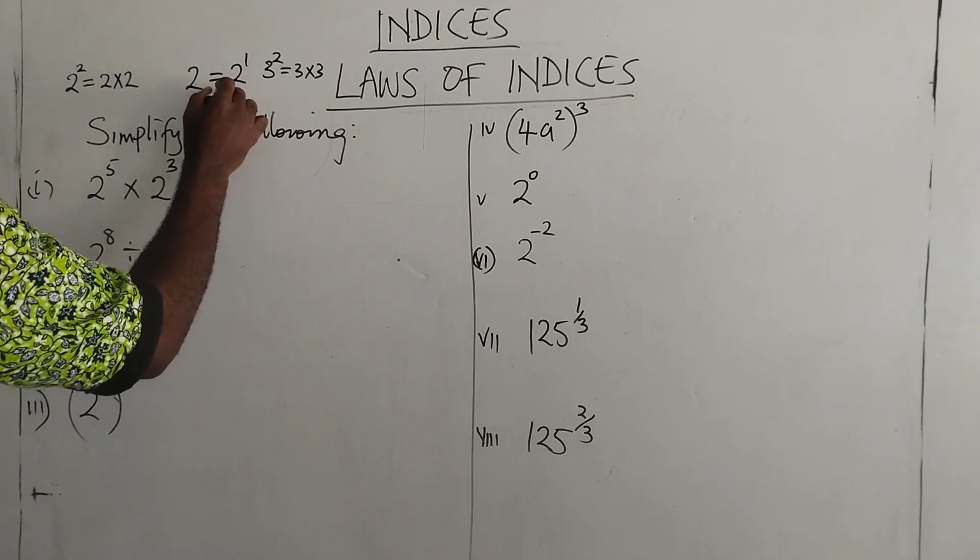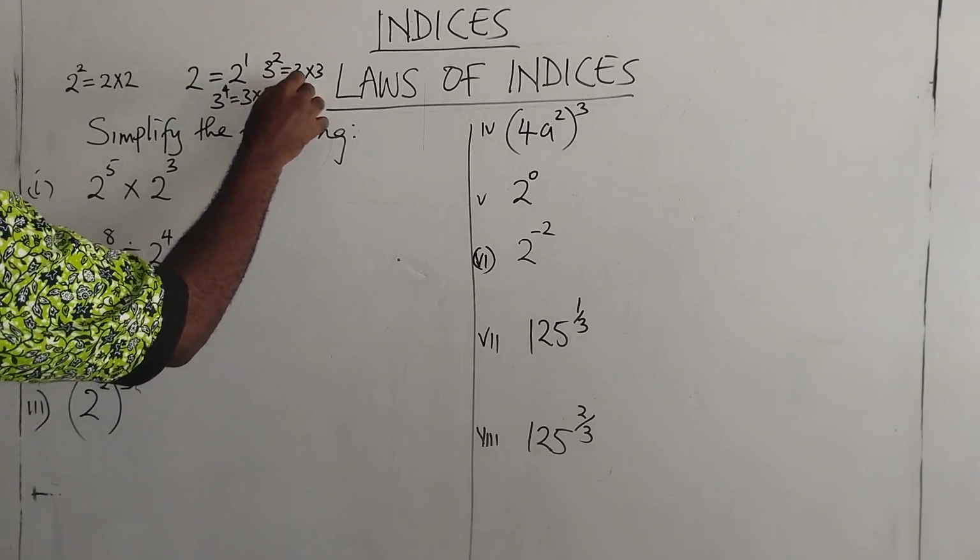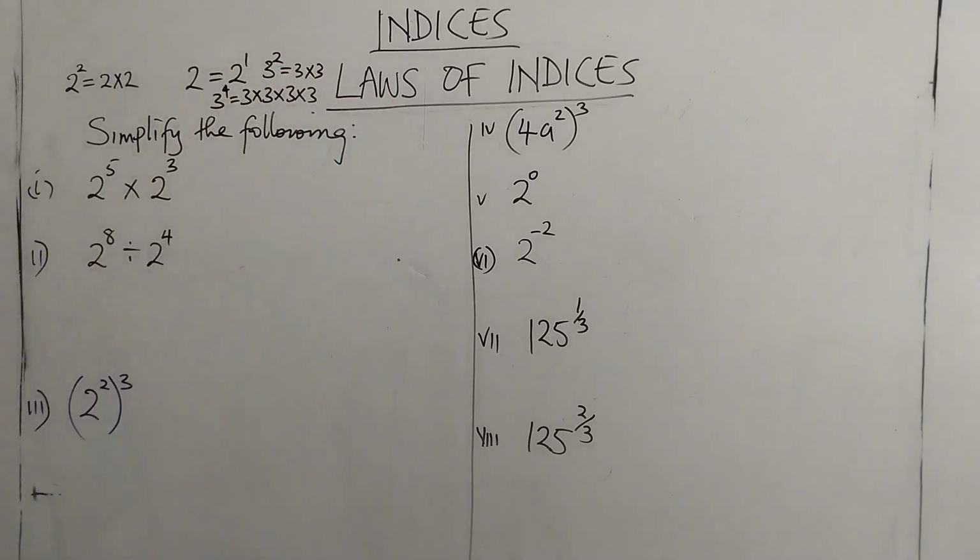So 3 raised to power 4 means 3 times 3 times 3 times 3. That is 3 into 4 places. You must have this at the back of your mind in order to do well in indices. Now, the first question, 2 raised to power 5 times 2 raised to power 3.